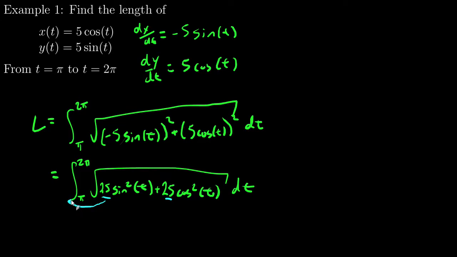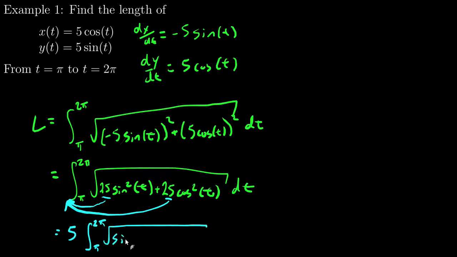It's a constant, so I can factor it out to the front, but as I bring it out, it has to come out through the square root, so the square root of 25 is 5, and I end up with 5 times the integral from pi to 2 pi of the square root of sine squared t plus cosine squared t.